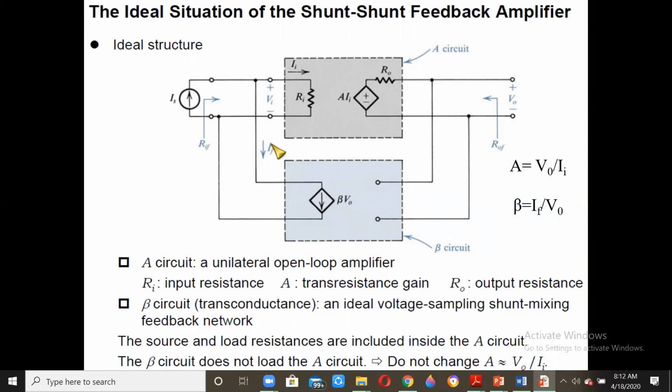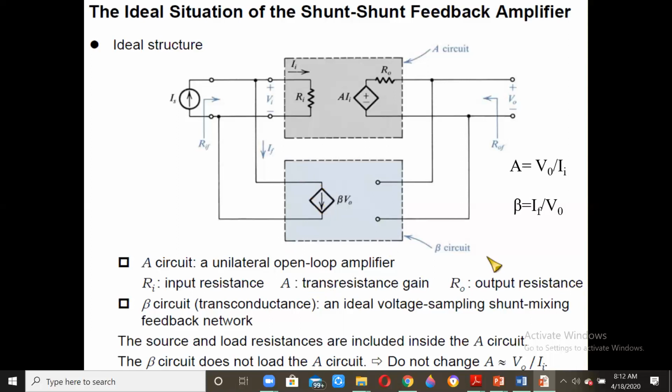Similarly, here what we are trying to do is replace the feedback network by just the beta V naught. So that is an ideal structure where we are not bothered about the RS and RL, and also we are not taking the other parts of the feedback network.